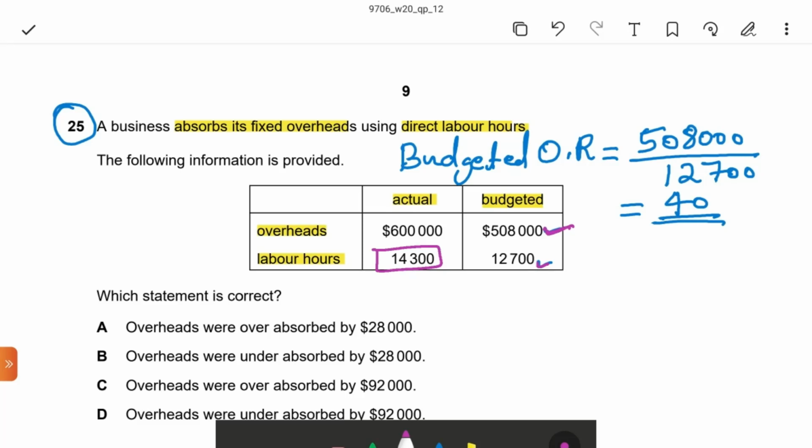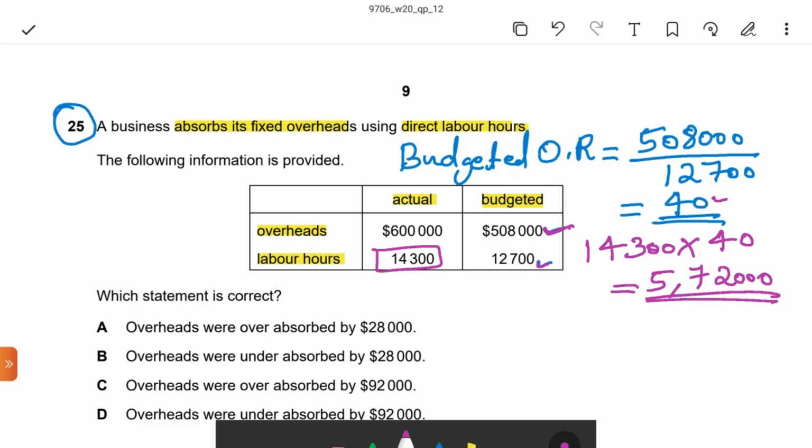That is 14,300 multiplied by the budgeted rate of 40, which is 572,000.